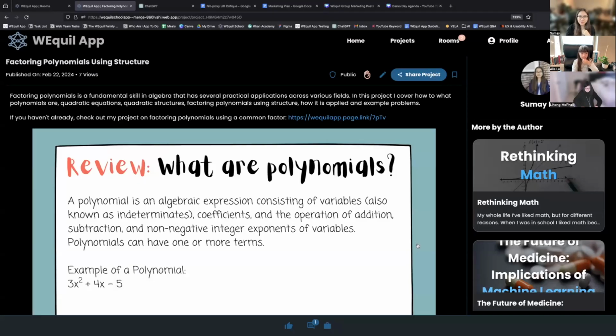This is just as I continue my review of Algebra 2. Last week we covered factoring polynomials using a common factor, and now we're covering factoring polynomials using structure.